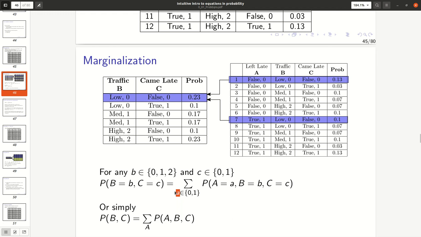Instead of repeating B is equal to b and C is equal to c, here we can simply say that probability of BC is equal to summation over A, probability of ABC.